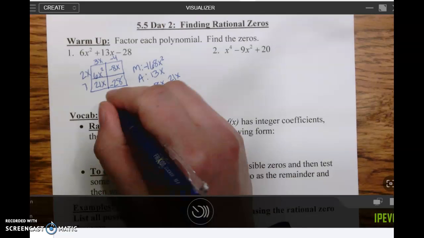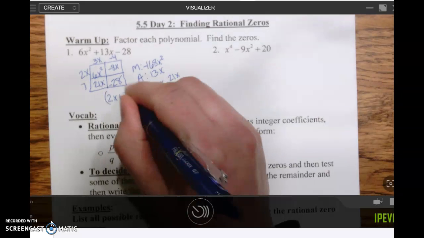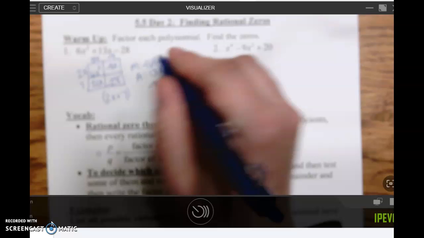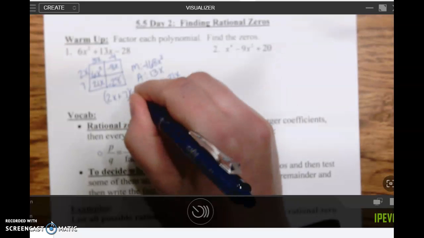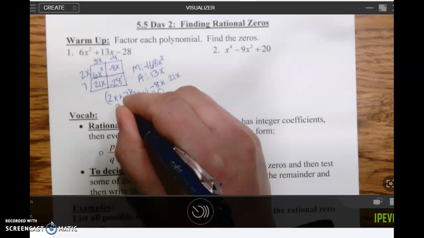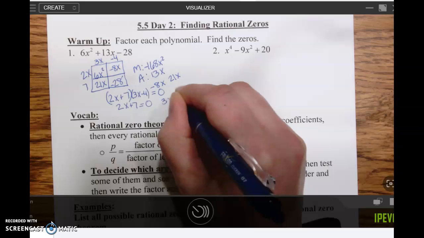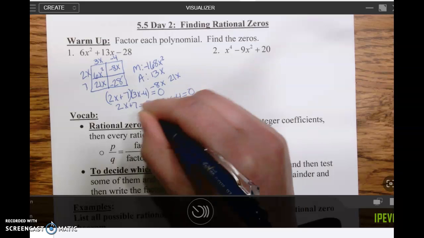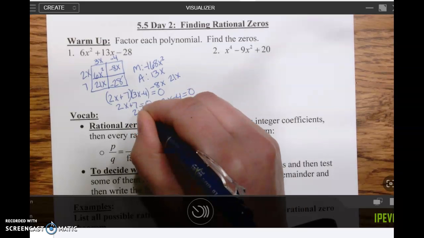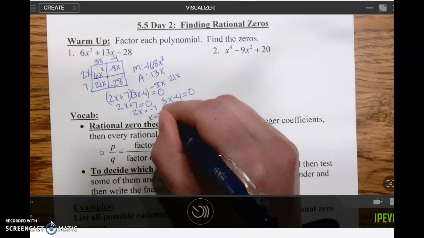So this factors as 2x plus 7 times 3x minus 4. And we're going to set those both equal to 0. So here I'm going to subtract the 7, so 2x equals negative 7. Divide by 2 and we get negative 7 halves.